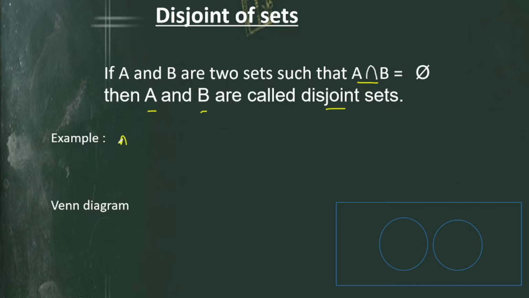Suppose A is the set 1, 2, 3, and B is another set, 4, 5, 6. A normal trivial example.